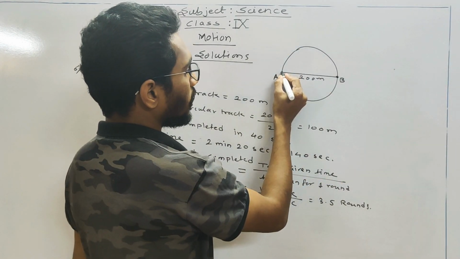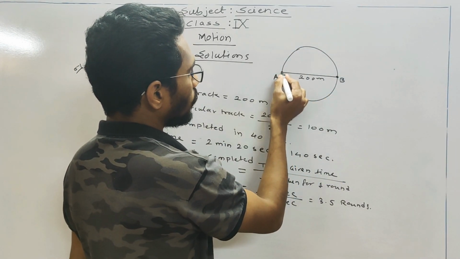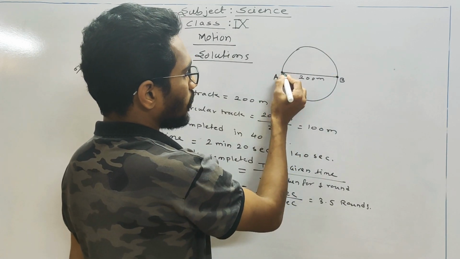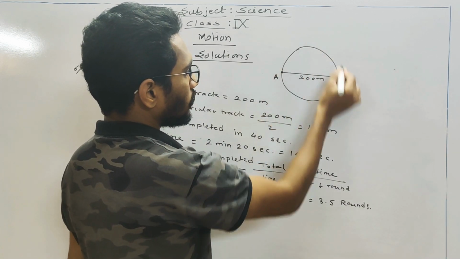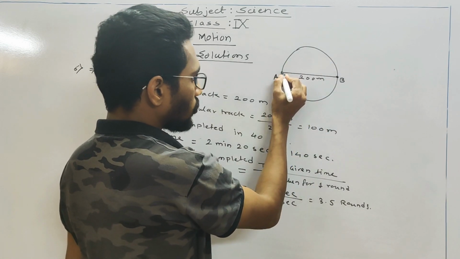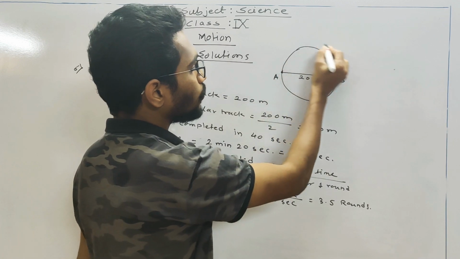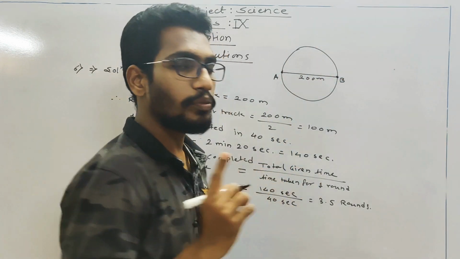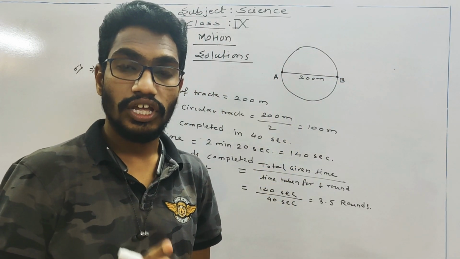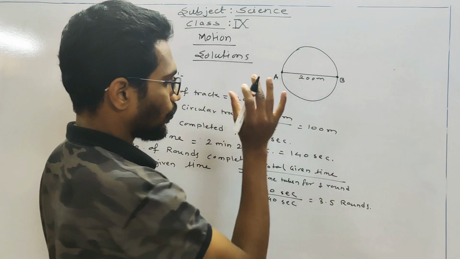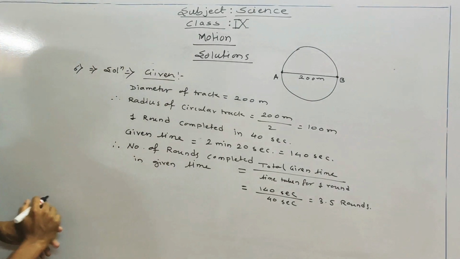It starts from A to A one round, A to B another round, A to C another round. So A to A 1, 2, 3. Yes or no? And half round means A to B. So what particular distance travelled after completing 3.5 round in time 140 seconds. So now you have to calculate.